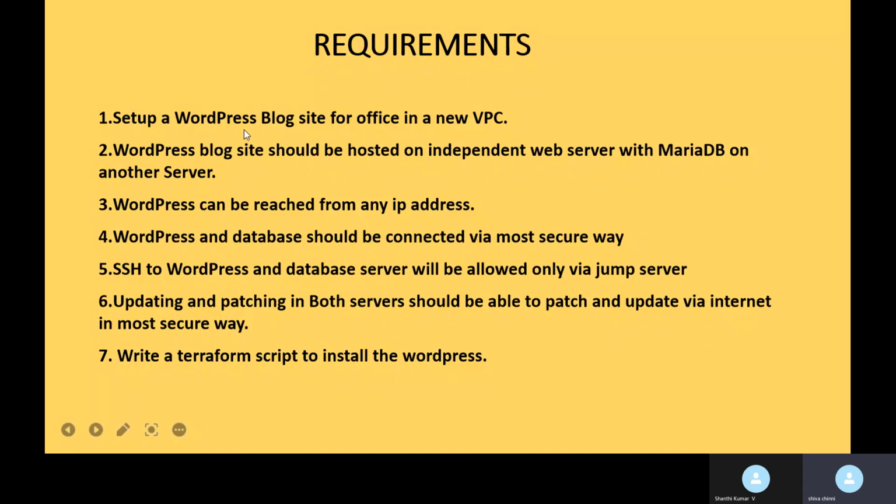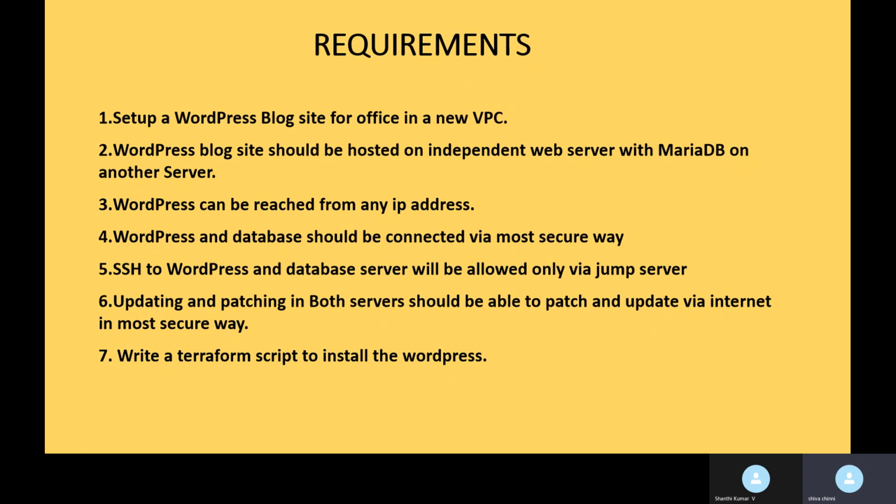The WordPress blog site should be hosted on one web server, and the MariaDB database should be installed on another server. WordPress can be reached from any IP address, so that another machine can access this WordPress.